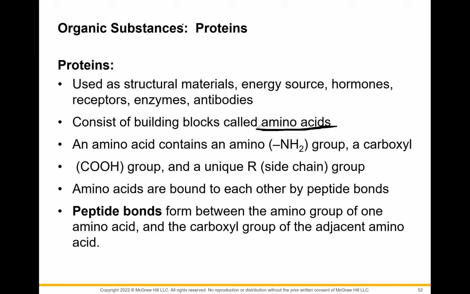They're amino acids. And when we look at the amino acids, they have these certain groups associated with them. They have what's called an amino group, a carboxyl group, and then they have this very unique R group. I'm not going to test you on that for this time around, but an amino acid has a very specific look to it. This will come back up later on, but you don't have to know it for this upcoming test.